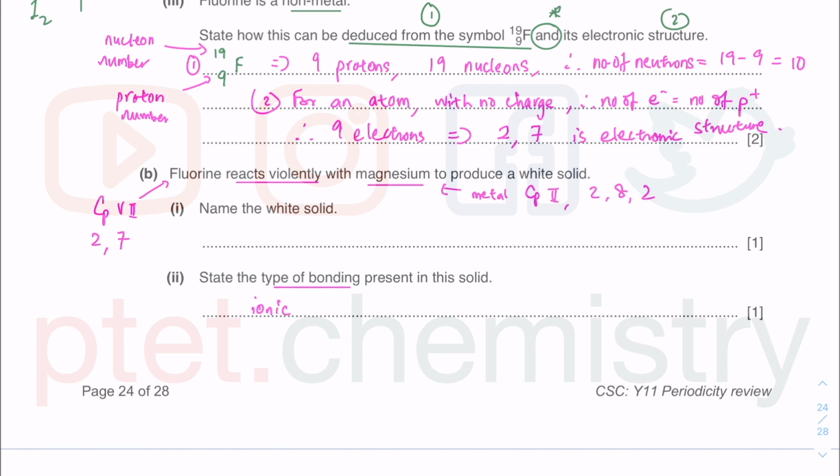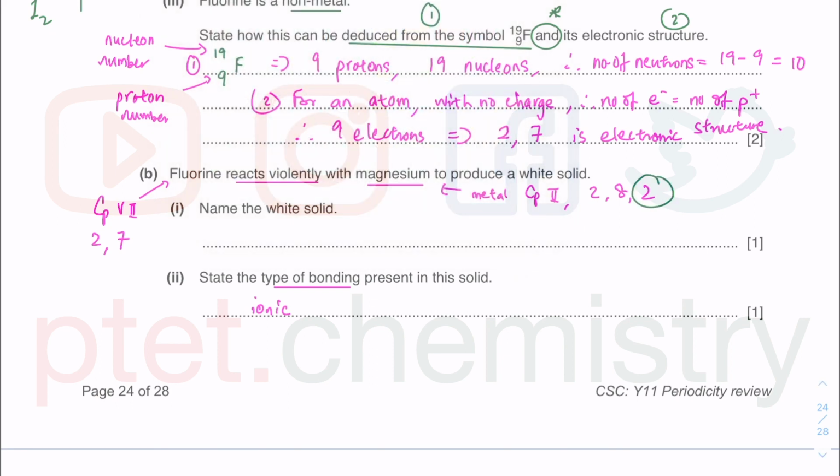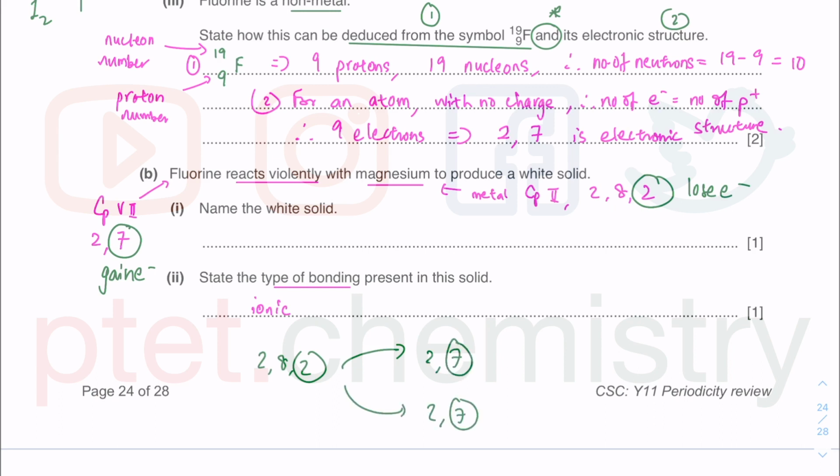The metal will lose the electrons, and the non-metal will gain electrons. You can imagine that the 2,8,2 will lose one to the 2,7, and then lose another one to the 2,7, such that you need 2 times F minus and 1 time Mg2 plus, so your formula is going to be MgF2. This is your ionic compound.